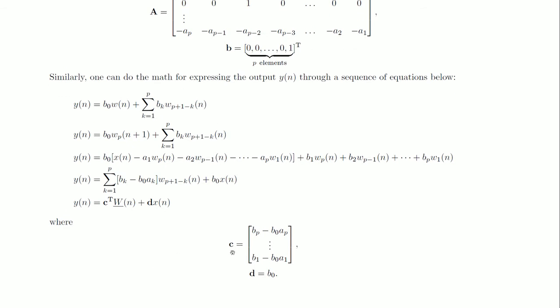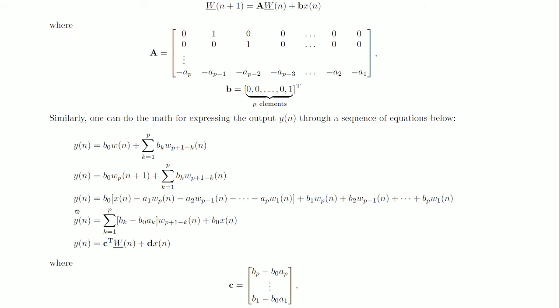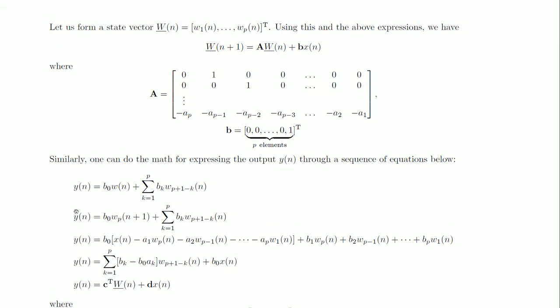because the important parameters are these C and D which link the state vector W(n) and x(n) to the output y(n), and we have the matrix A and the vector B that link the state vector at time n and the input to the state vector at time n+1.